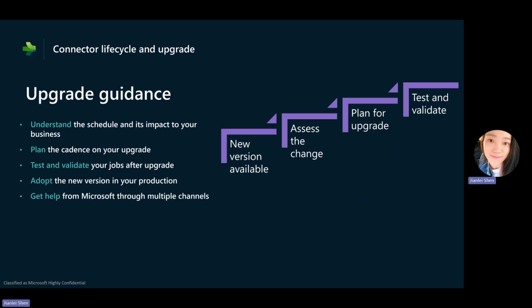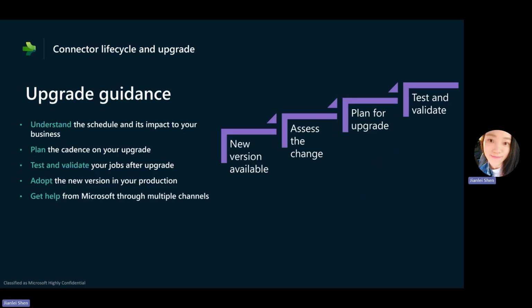What's more important is what the new values or capabilities are that you need to be aware of from the new connector version. Of course, you are always recommended to do the test and validation before you adopt it in your production pipelines or workloads. So be sure that you do solid testing and validation on the new connectors, and then you can adopt the new version afterwards.